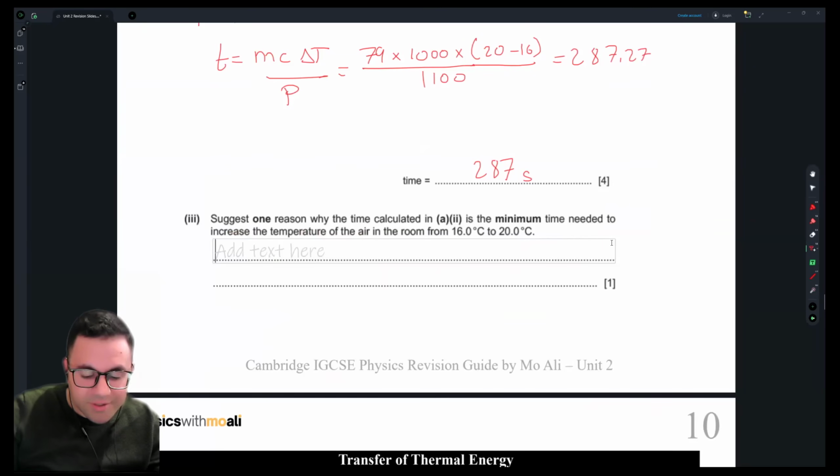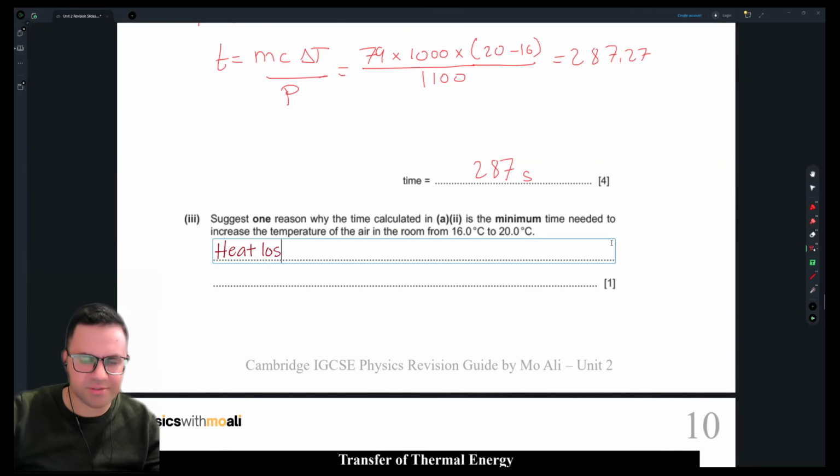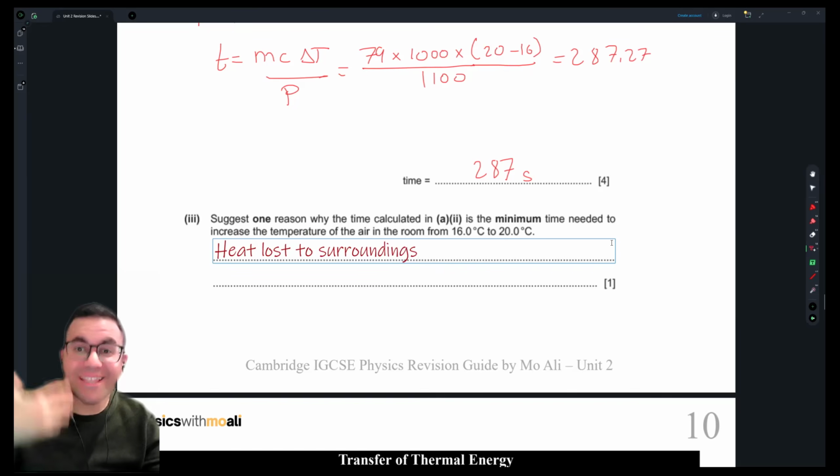So why? Due to heat loss. Now, here's the thing. Most students write this: heat loss, or heat loss to the surroundings. Most of the time this works. Here it doesn't. Want to know why? Because usually the surroundings means the air. Here we're trying to heat the air.